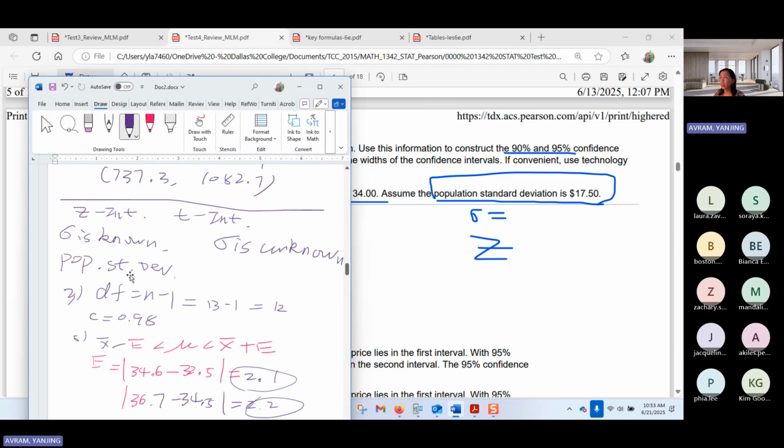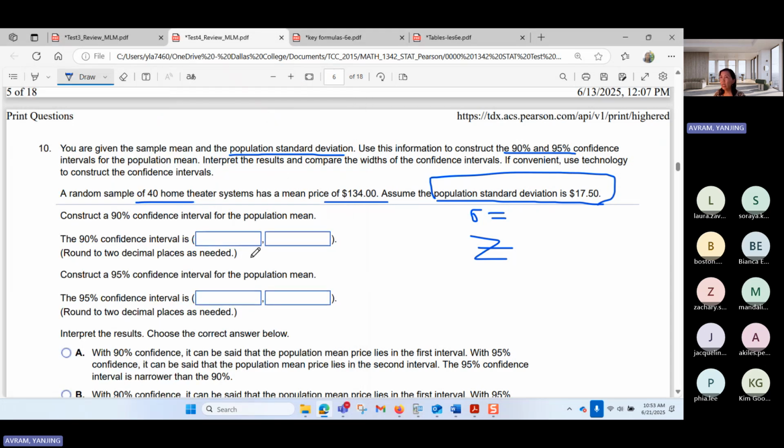Sigma is the population standard deviation. So this is a Z interval, and I can also find the 90% and 95% intervals using the calculator, super easy, super fast.